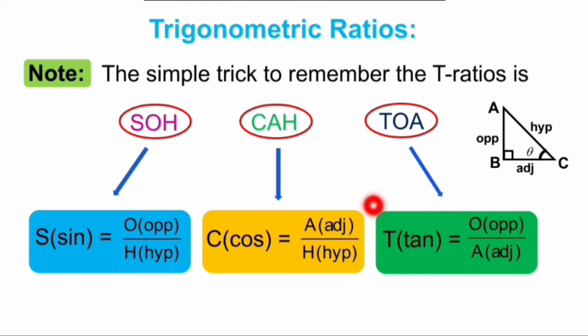So, we can remember them as: cosecant is the reciprocal of sine, so cosecant is equal to hypotenuse by opposite. Next, secant is the reciprocal of cos, so secant is equal to hypotenuse by adjacent. Next, cot is the reciprocal of tan, so cot is equal to adjacent by opposite.